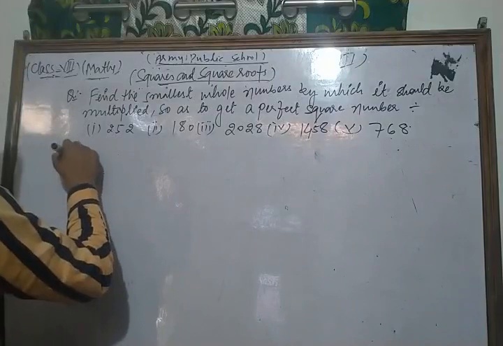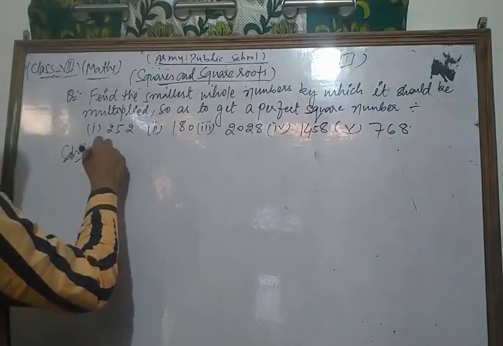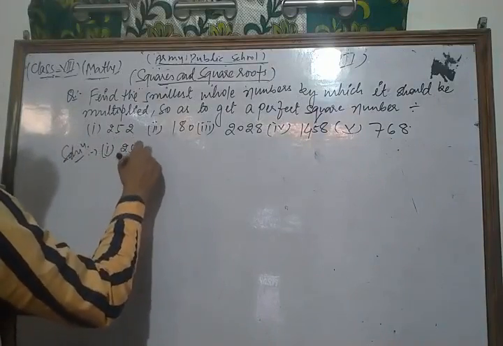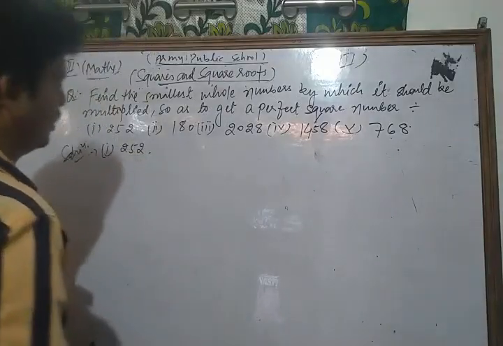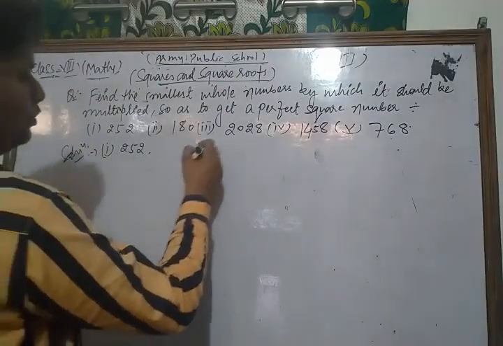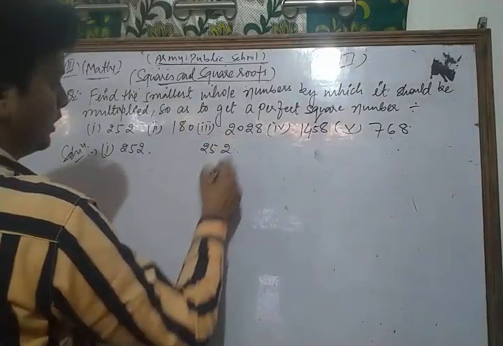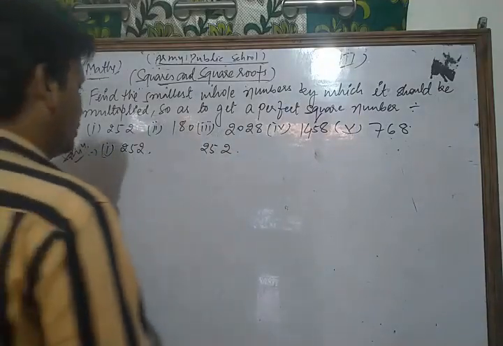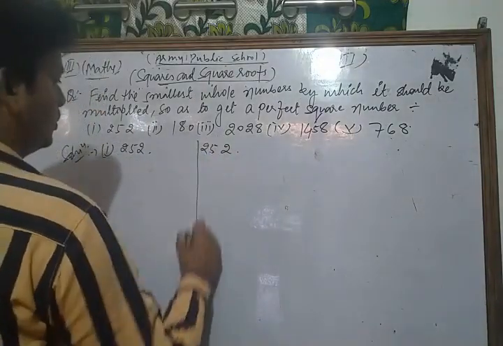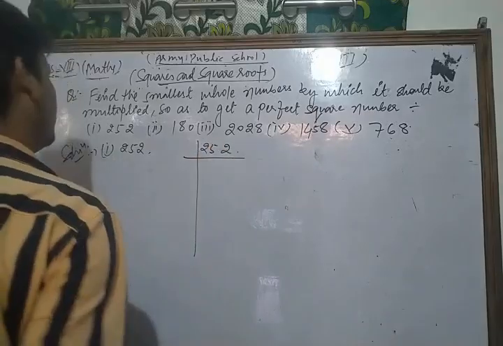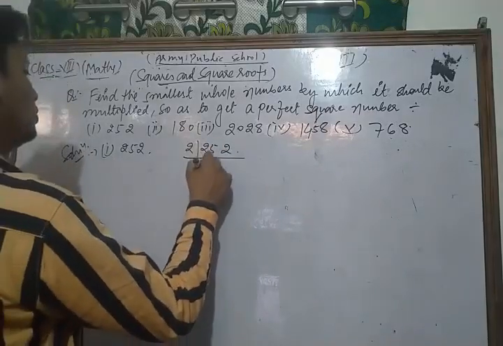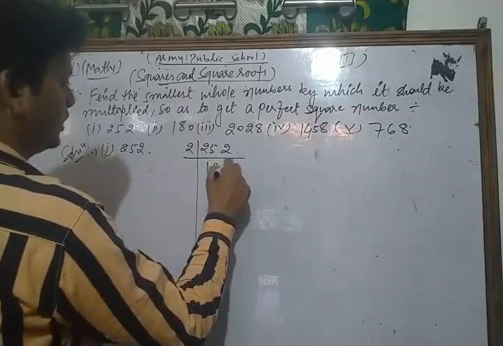So first of all we take the first part of this question, which is 252. First of all we do the prime factorization of 252. 2 ones are 2, 2 twos are 4, 2 sixes are 12.